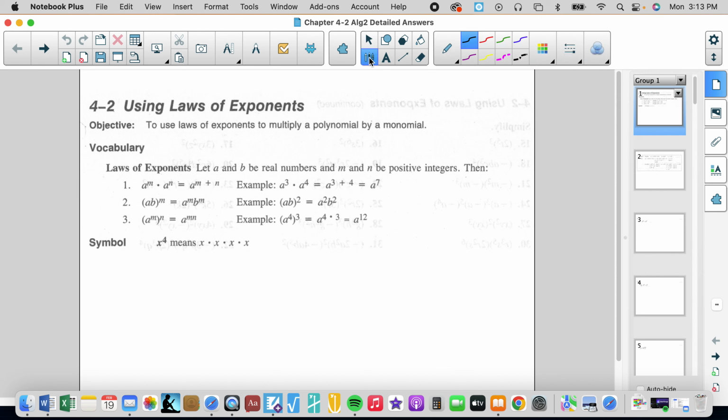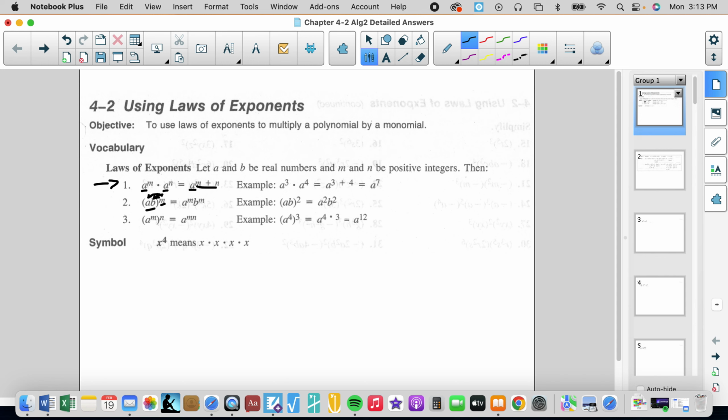So the first law is the law of multiplication. When we multiply like bases, we are going to add their exponents. When we have a power of a power, we are able to distribute that exponent into the parentheses.